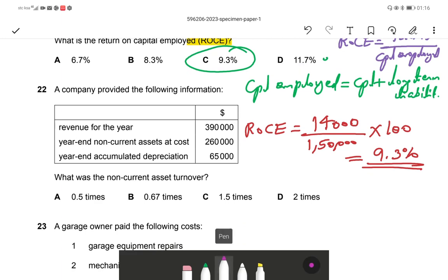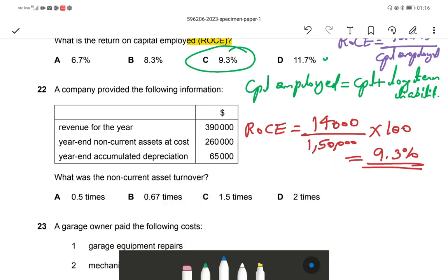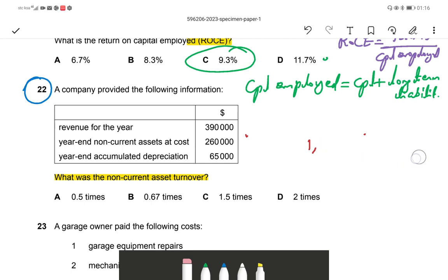Next, question number 22. A company provided the following information. What is the question? What was the non-current asset turnover? We have to find the non-current asset turnover.